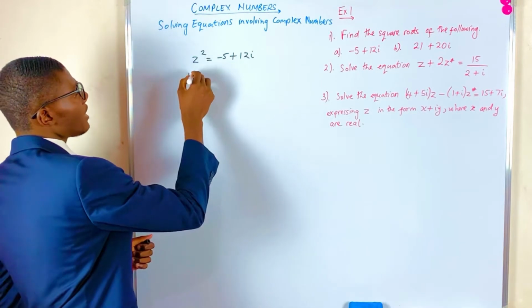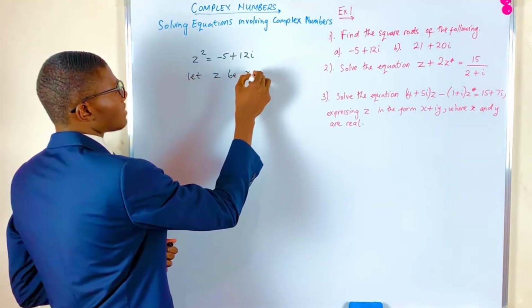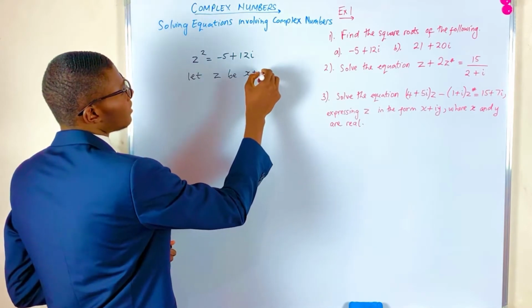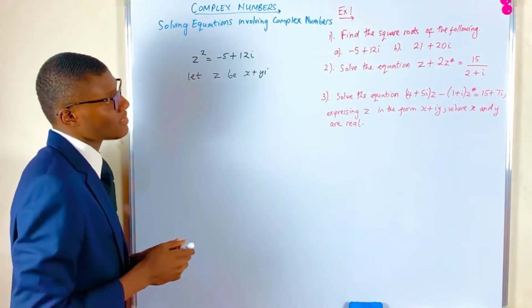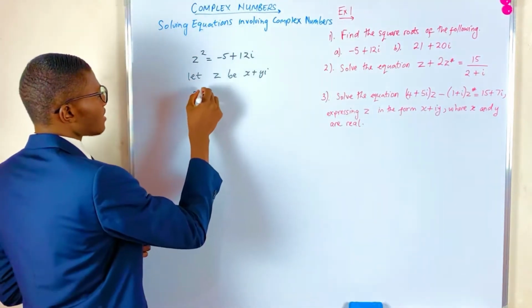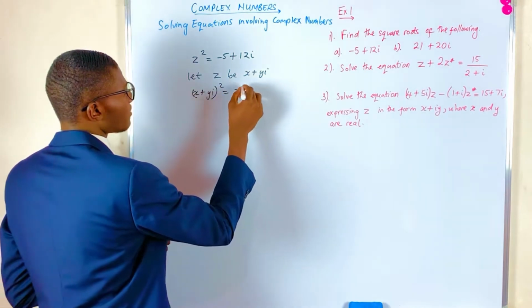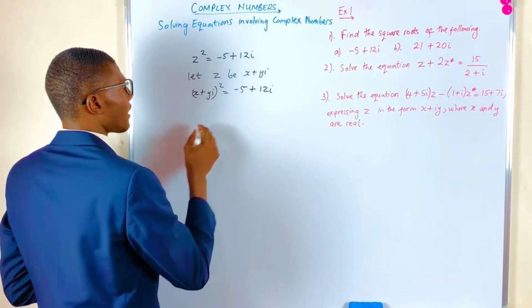And we say let z be x plus yi, like this, right? This will imply that (x plus yi) squared should be equal to minus 5 plus 12i, right?